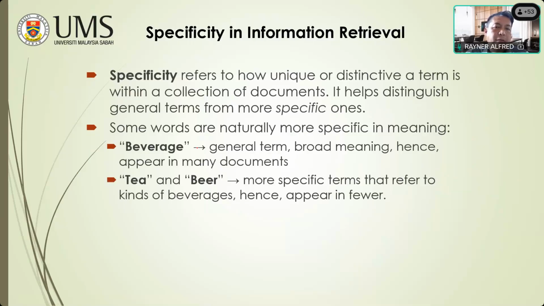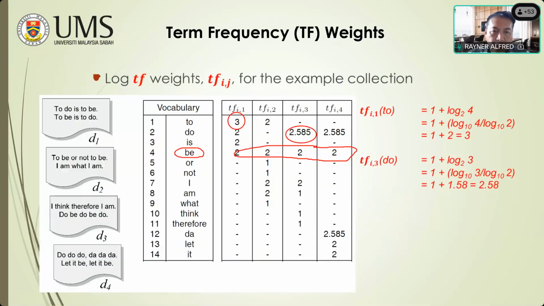So if you want a very specific term that can be used to differentiate the documents, we need terms like tea and beer. How do we find these words? If you go back to this slide, the term B is too general. We cannot use it as one of the tokens to differentiate the documents.